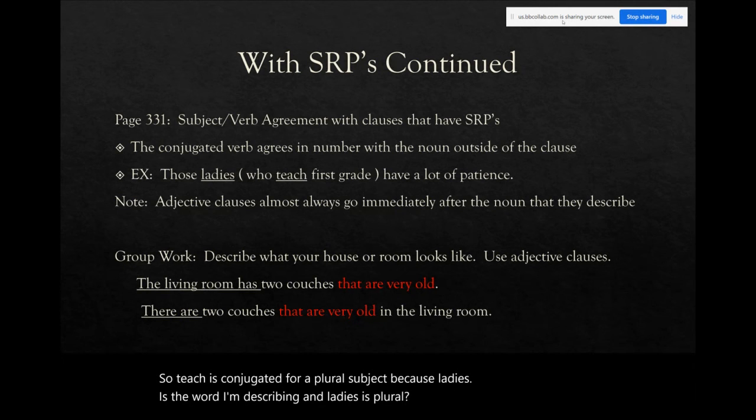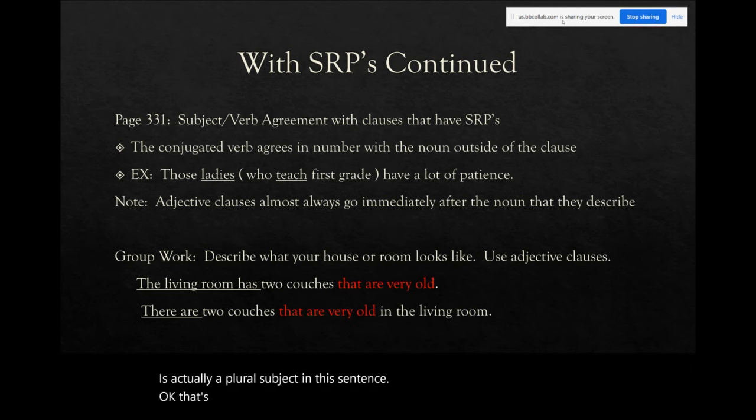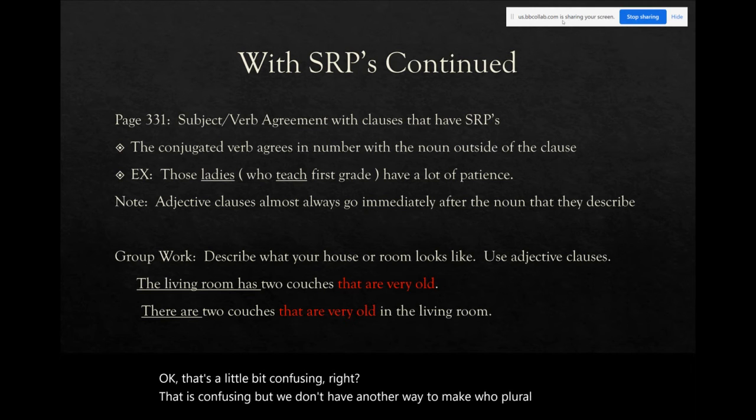That means the word who is actually a plural subject in this sentence. That's a little bit confusing, right? It is confusing, but we don't have another way to make who plural or singular. We just have one word.